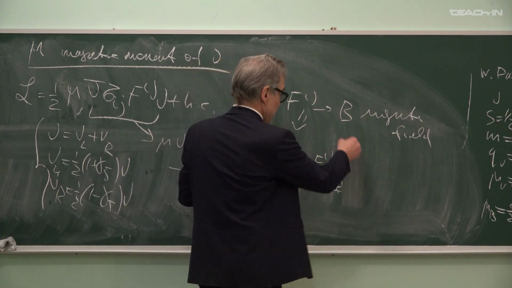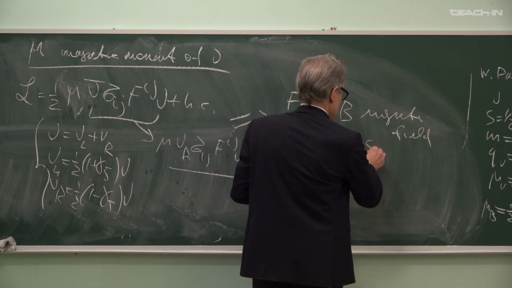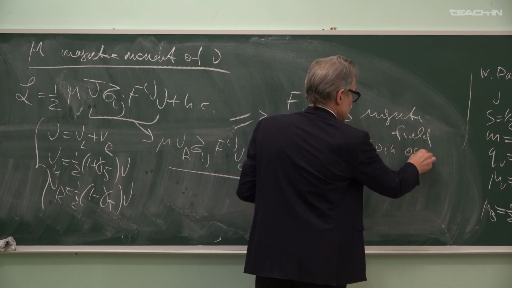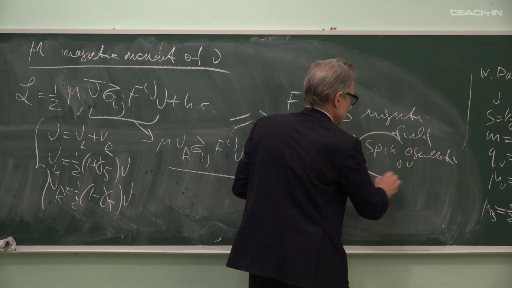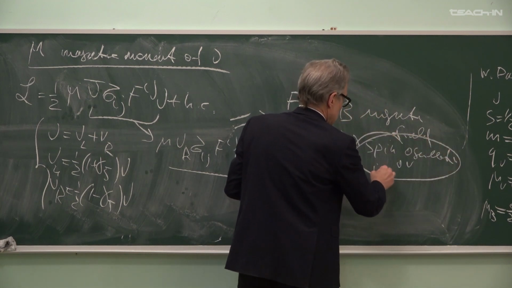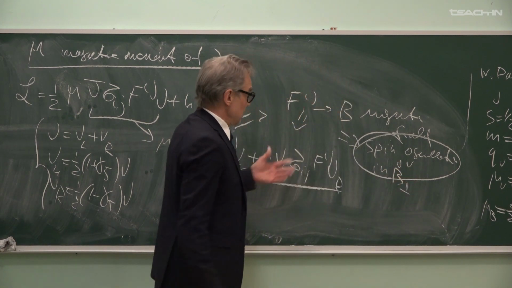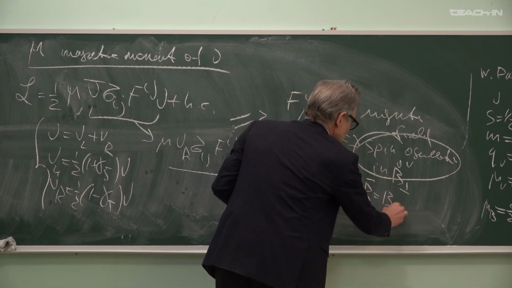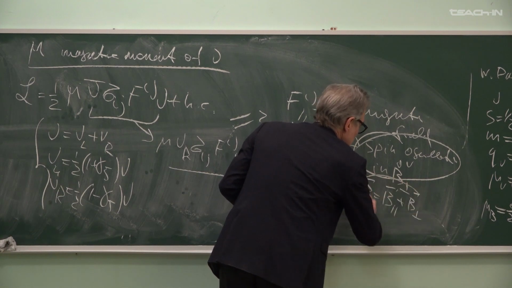And we arrive at a new phenomenon, spin oscillations of neutrinos in a transversal magnetic field. So we decompose the magnetic field into a longitudinal part plus a transversal part.